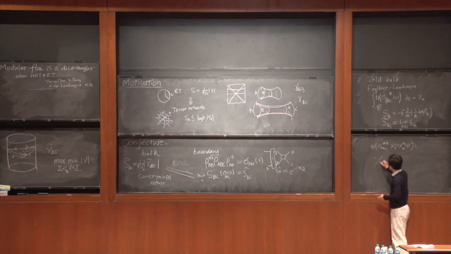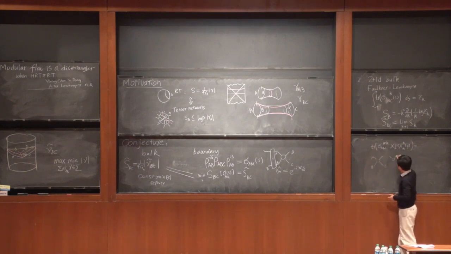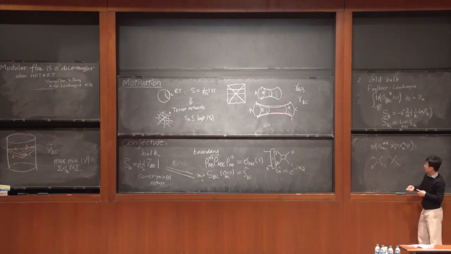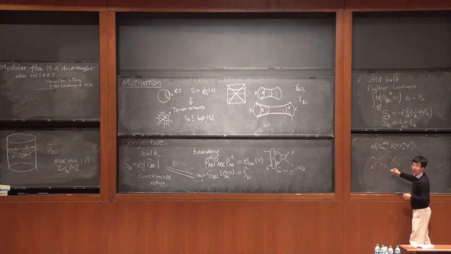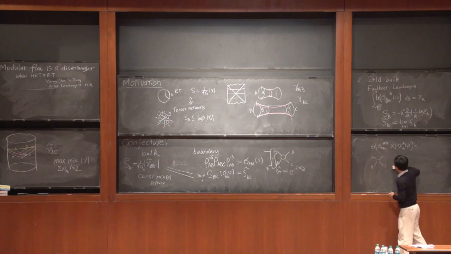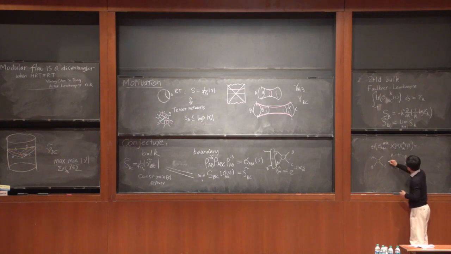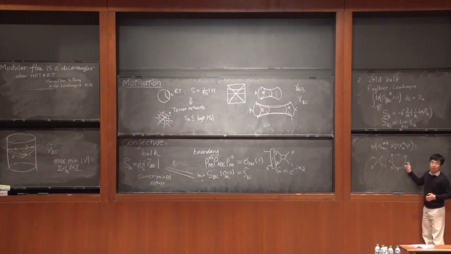So if you look at the A, B, C, then you take multiple copies, and you are cyclically permuting between the different copies by these operators. By xy I mean the end point of the regions.